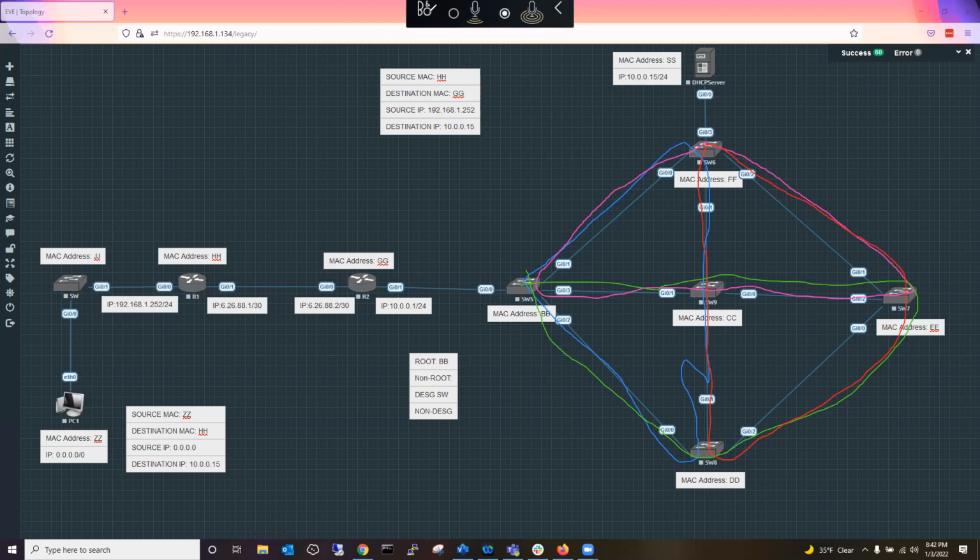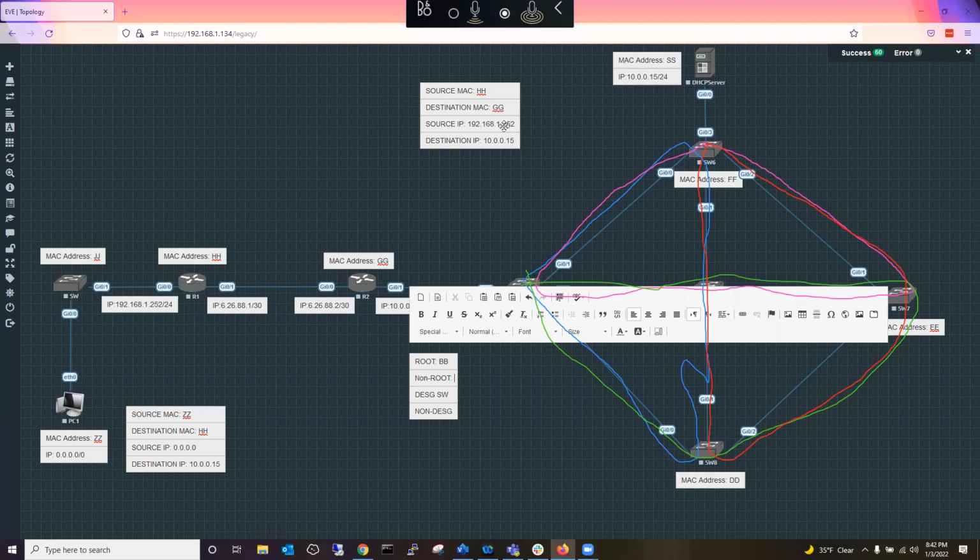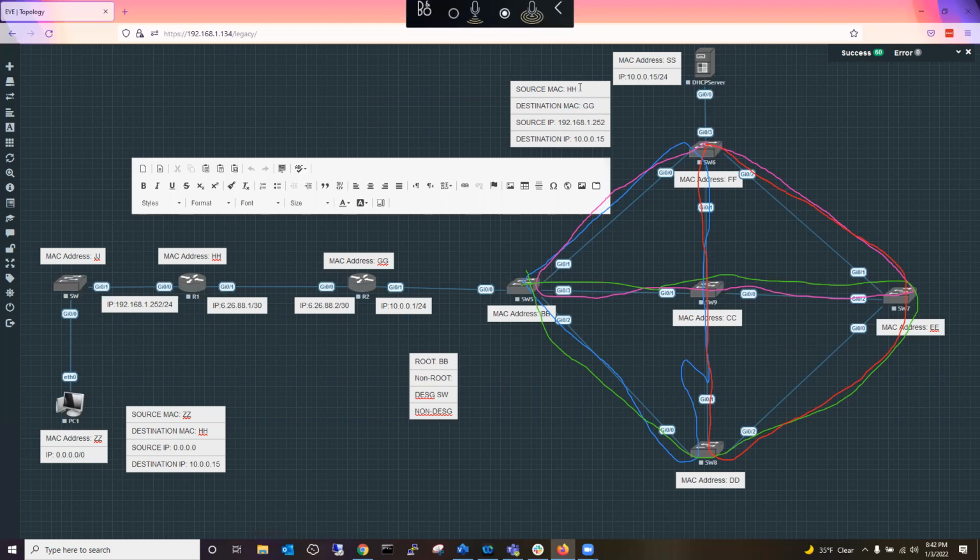So assuming that the packet went up and got to the DHCP server, and the DHCP server has its request, how is the packet going to look coming back to PC1? From the DHCP server going to PC1, how is it going to look?